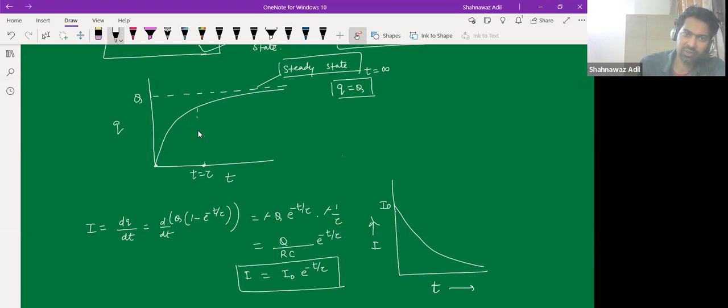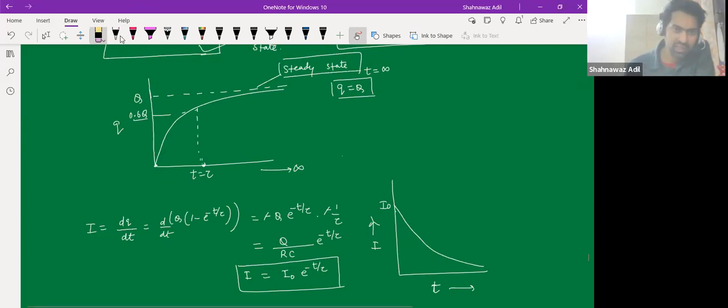So we have calculated at t equal to tau, Q is 0.6 something Q. But at t equal to infinity, this becomes Q. So this graph is very important because it tells us everything.